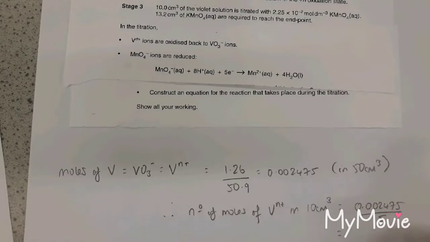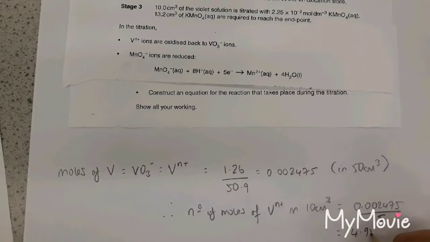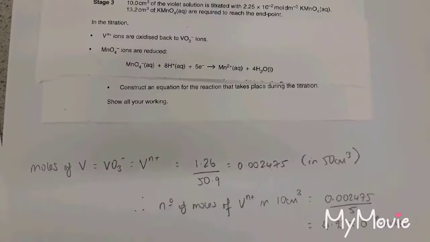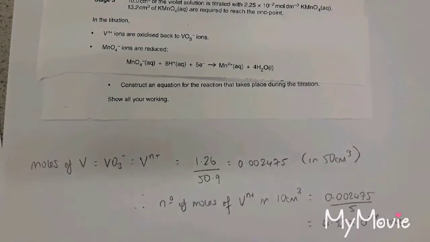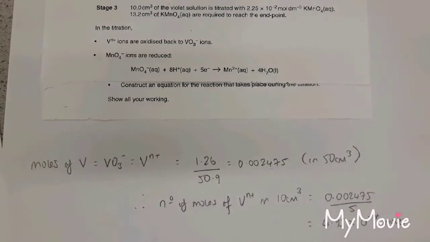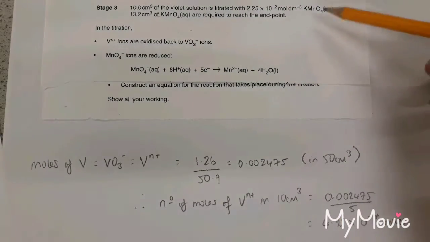Which will give us 4.95 times 10 to the minus 4 moles. So now we've got our moles of the Vn+ ions that were reacted in the actual titration in stage 3.